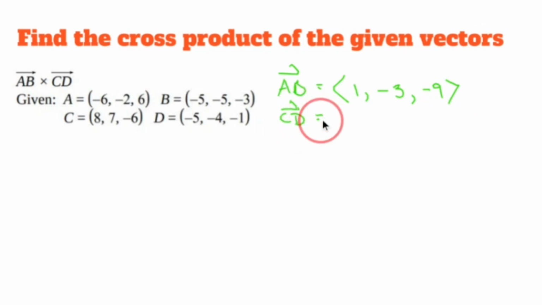CD, compact disk, is going to be negative 5 minus 8, which is negative 13, negative 4 minus 7, which is negative 11, and negative 1 minus negative 6, double negative, makes that 5.